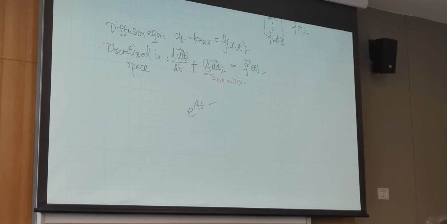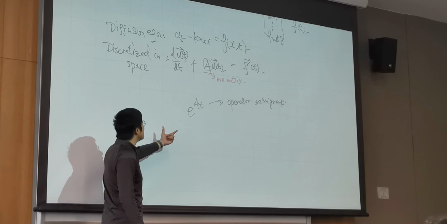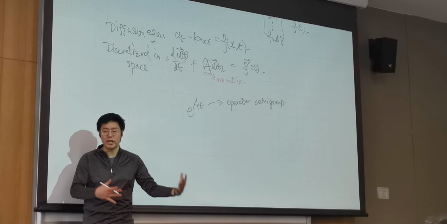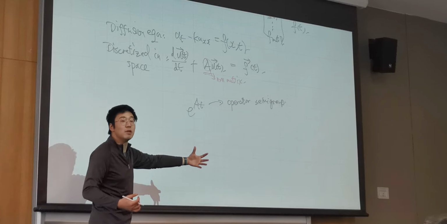So this is actually the operator semigroup, because when t varies, e to the At has the power to map whatever it is in the initial condition to what's going to happen later.